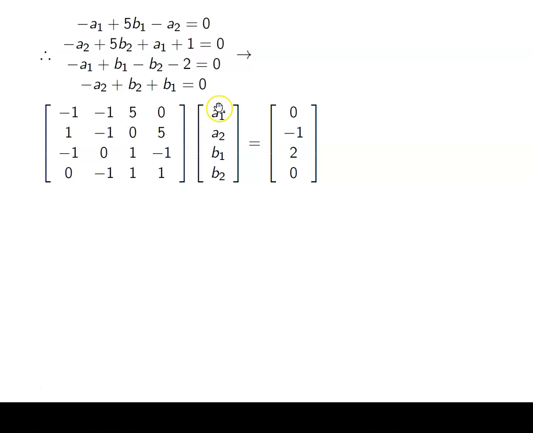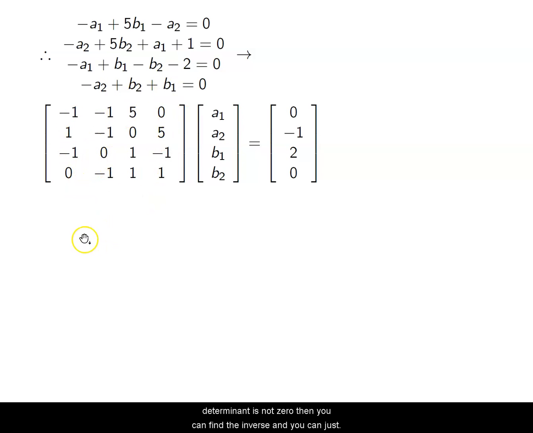And then the way that matrix multiplication works, this allows me to have a1 here. Every time I do that multiplication, it's always the first entry times a1. So these are all a1s, a2s, b1s, b2s. In order to set it equal to this, remember there are several ways. I can do a reduced row echelon form. If this matrix is invertible, you can find that out by finding the determinant.